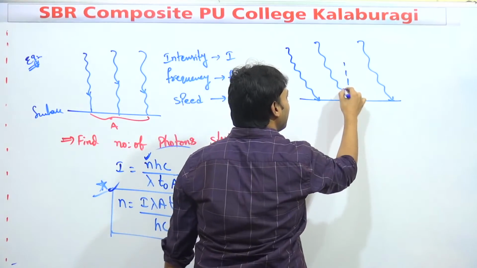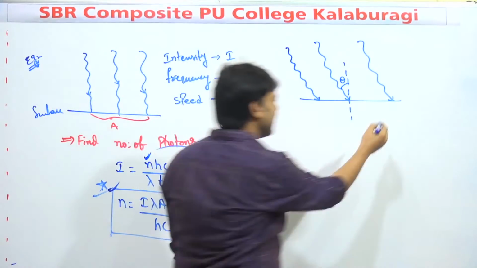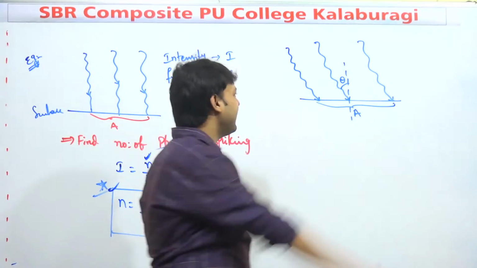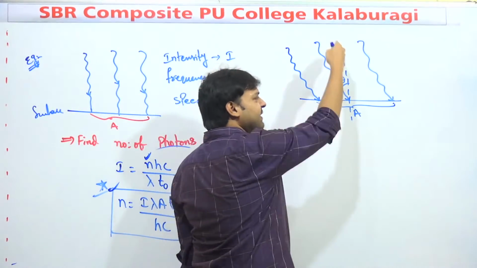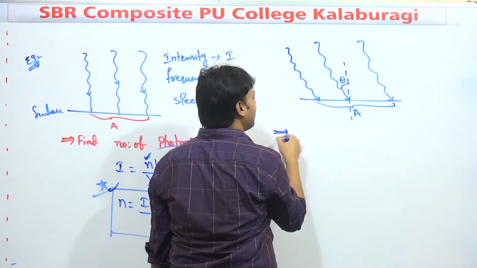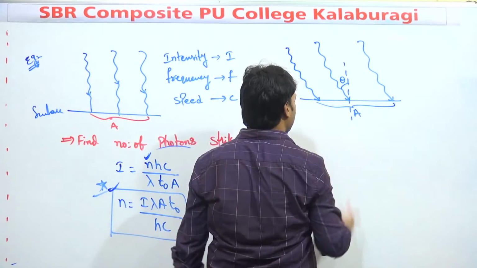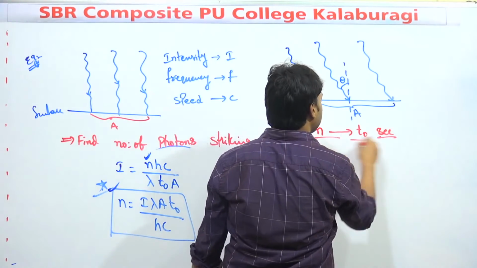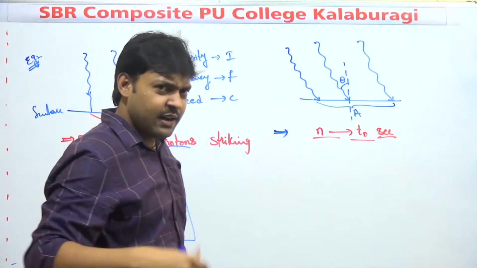Assume it makes an angle theta with the same area A. Now find the number of photons in t0 seconds. The question is the same: find the number of photons in t0 seconds.